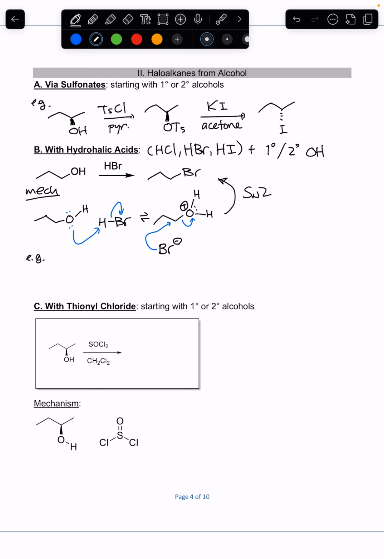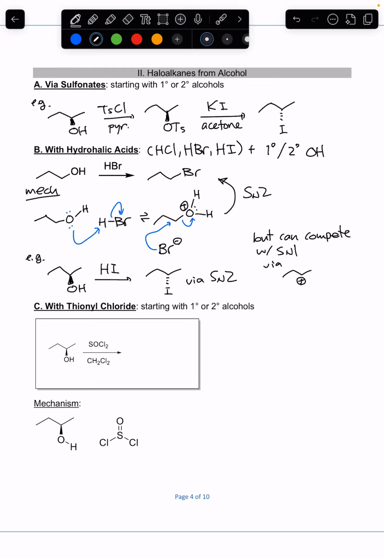Another example, right? You could treat this with hydroiodic acid, and that would end up with inversion, of course, right? The catch or caveat is these things could go with an SN1 mechanism through the carbocation like this.